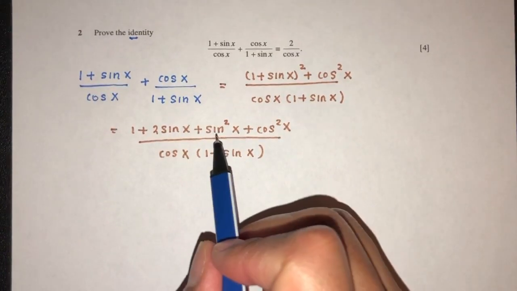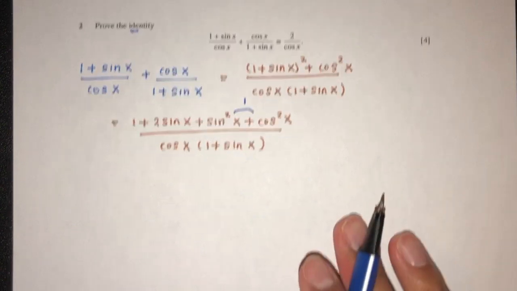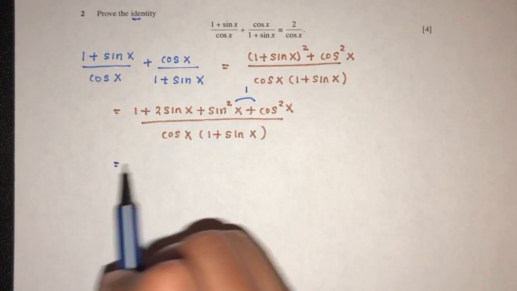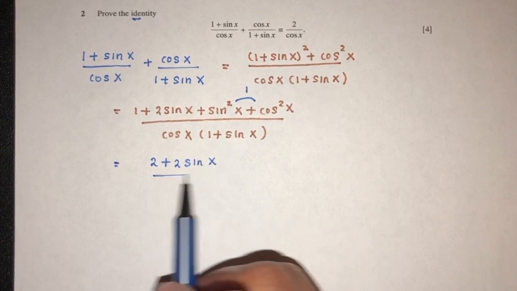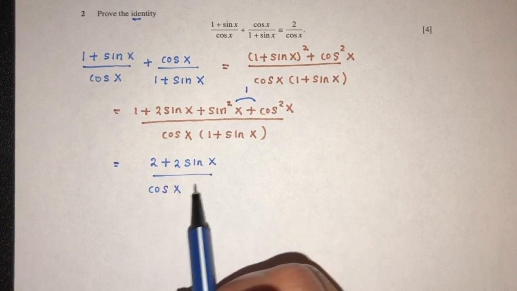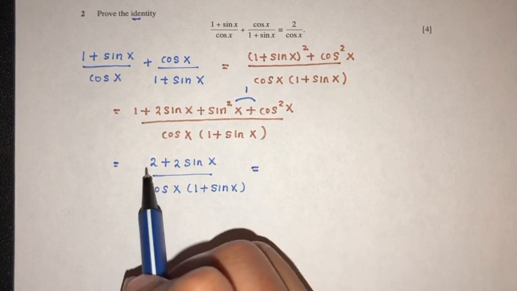Now obviously this one is what? Sin square x plus cos square x, that will be 1, right? So 1 plus 1 is 2. You have 2 plus 2 sin x over the value of cos x times 1 plus sin x. This is going to be 2 and 2 are the same.